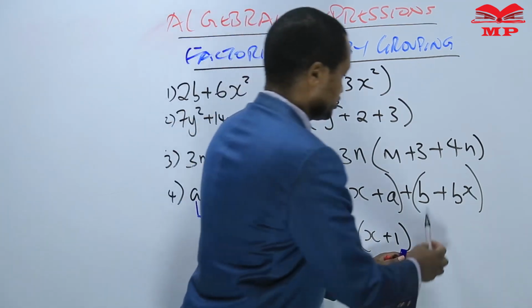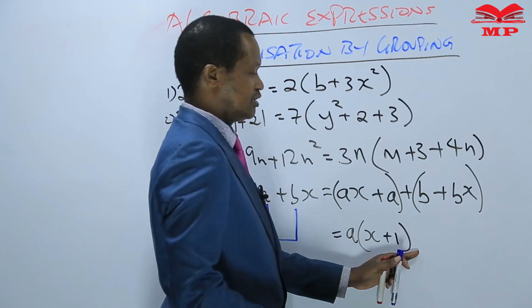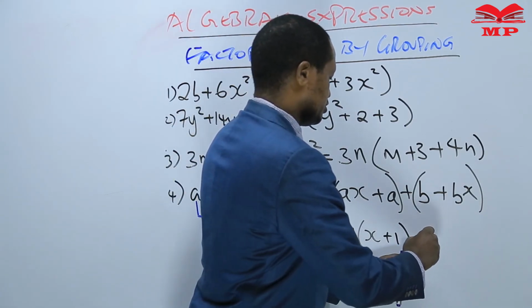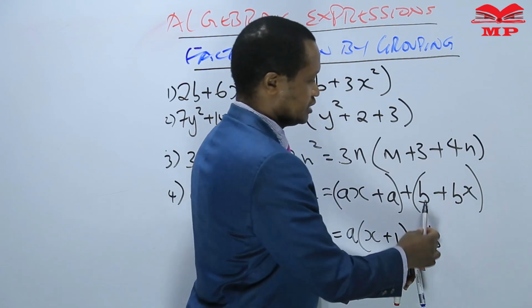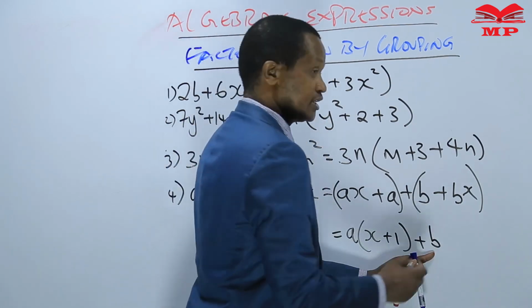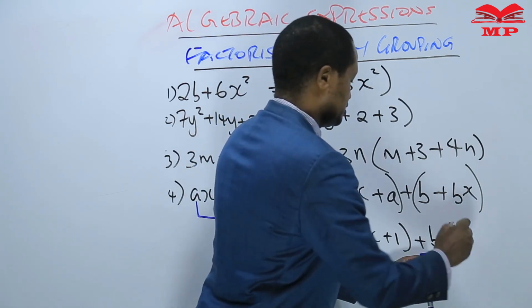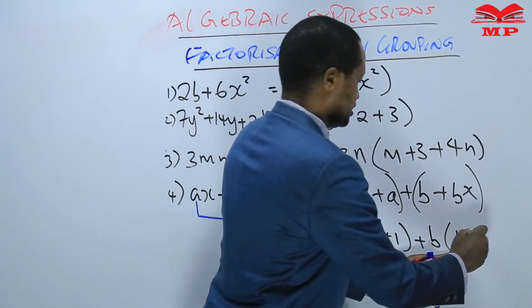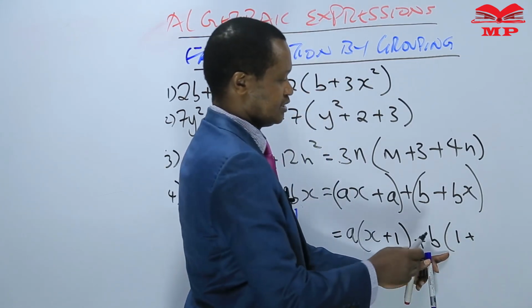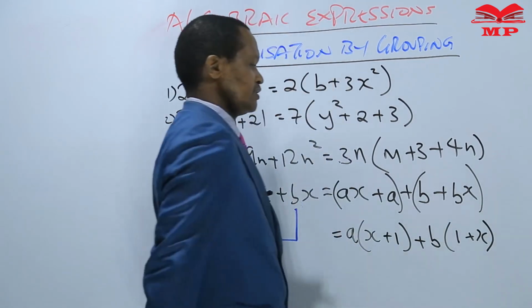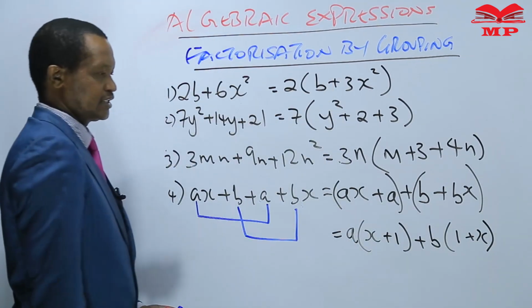Then we factorize this other group. b is common, so we take it out. It's a common factor. We have b into 1 plus x.